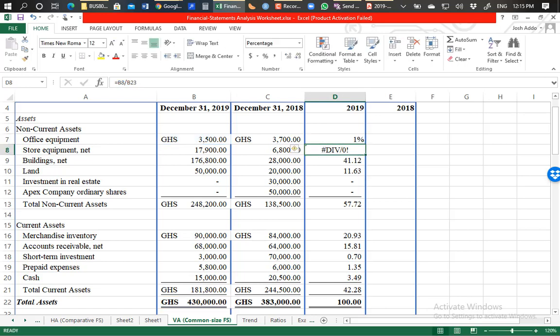Okay, so now that we have done the formula right by making the cell reference to the total asset an absolute one, when we drag, it will understand that this one shouldn't change. So we can now drag down. Okay.